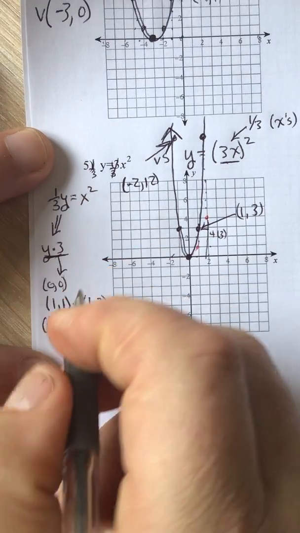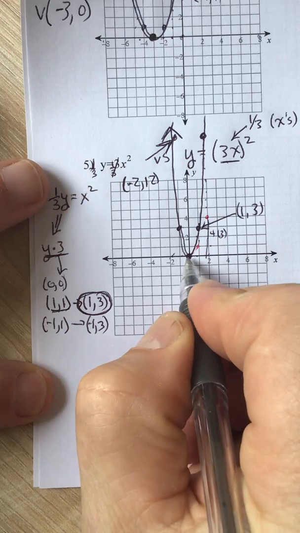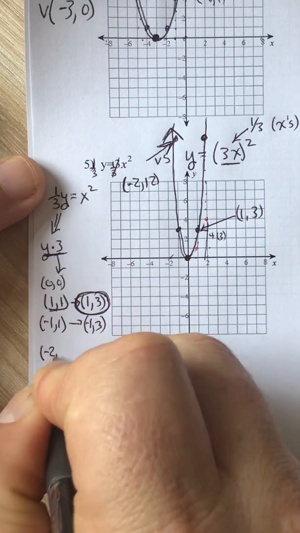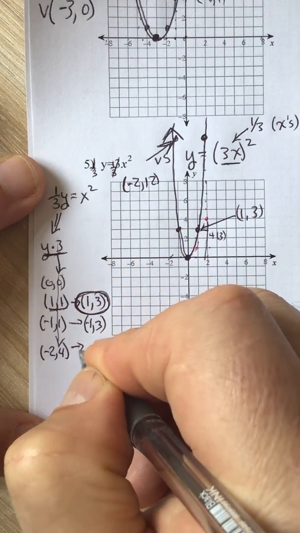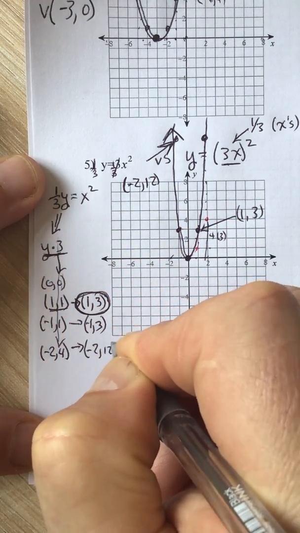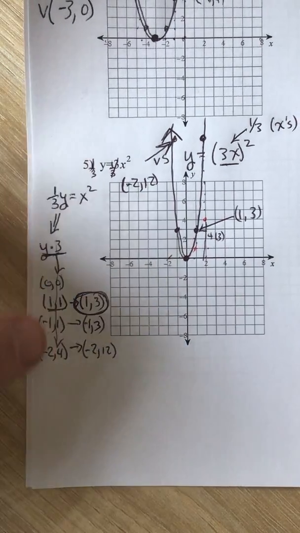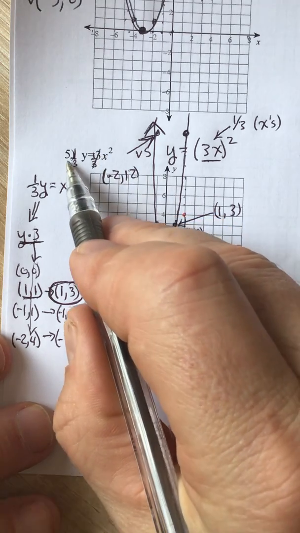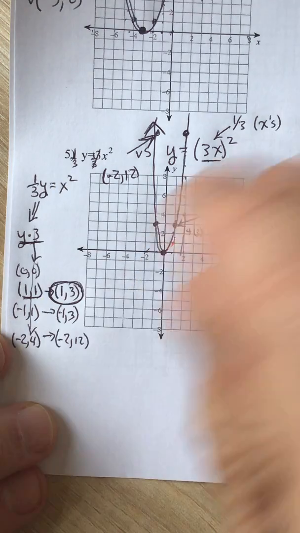And see, I can actually tell it should have been here, but it ended up at 1, 3. The -2, 4, that's what it should have been, but the y values got tripled, so it ended up at -2, 12. So that 3 right there didn't do anything to the x. It really did something to the y. It made the y's 3 times taller.